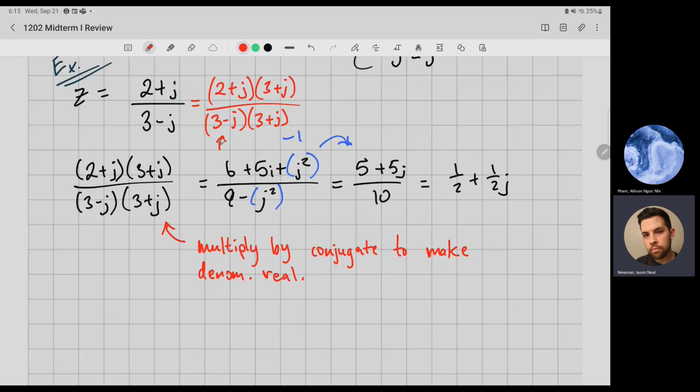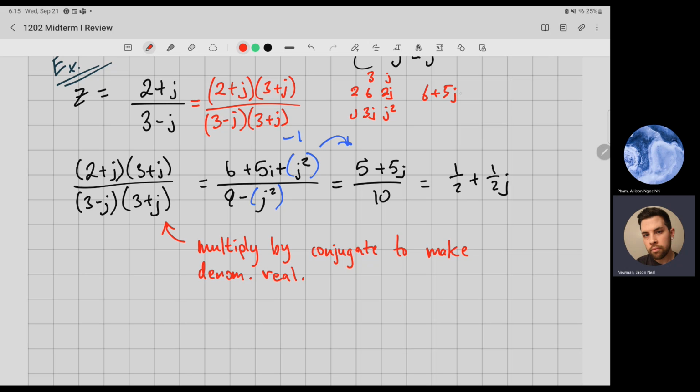So that's what I mean by multiply by the conjugate. And when you multiply these together, you're going to get 6, 2j, 3j, j squared. So it's going to be 6 plus 5j plus j squared.